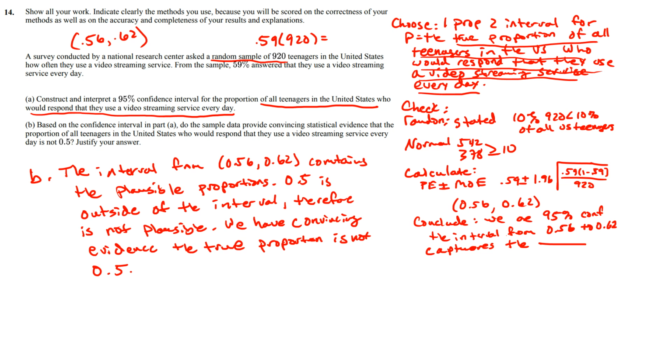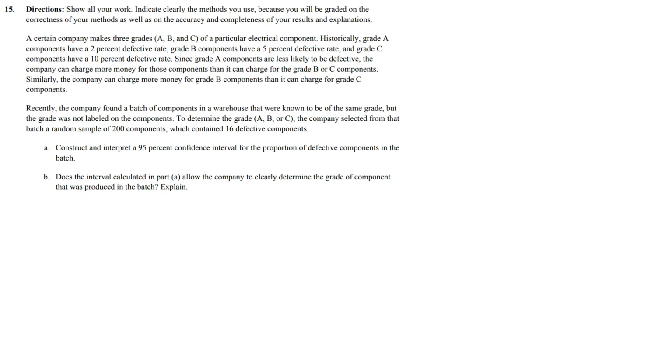Okay, let's do one more confidence interval. A company makes 3 grades of a particular electrical component. Historically, grade A components have a 2% defective rate. Grade B have a 5% defective rate. And grade C have a 10% defective rate.